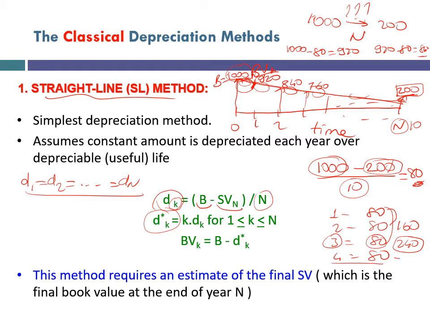At the end of year 4, it is 320, which is 4 times 80. So the cumulative depreciation at the end of year K is equal to K times dk for all years up to n. And what is the book value at the end of each year? It's simply the initial cost basis minus the cumulative depreciation. Okay, so it is a very easy method.